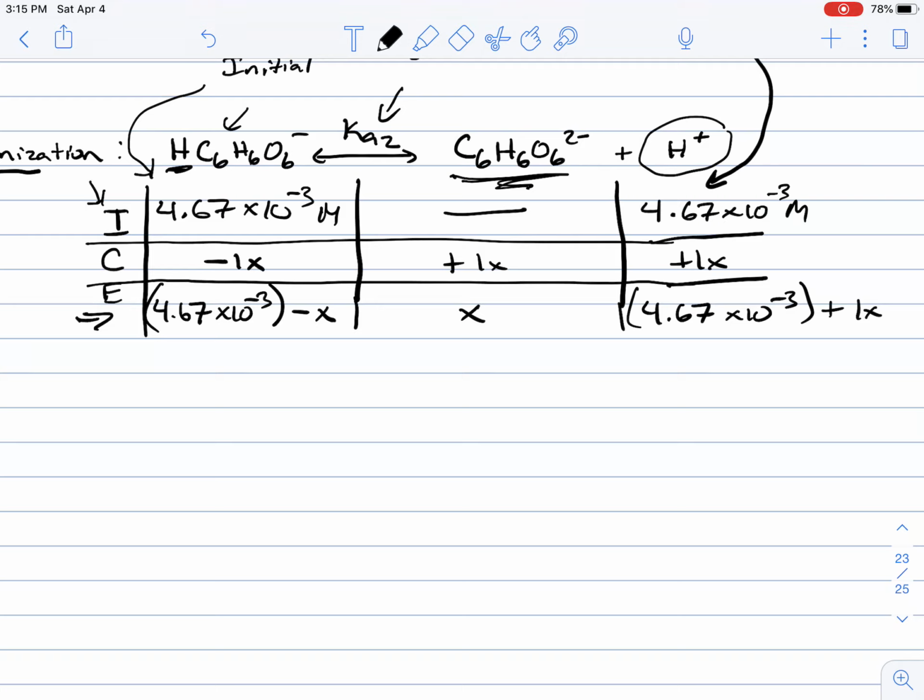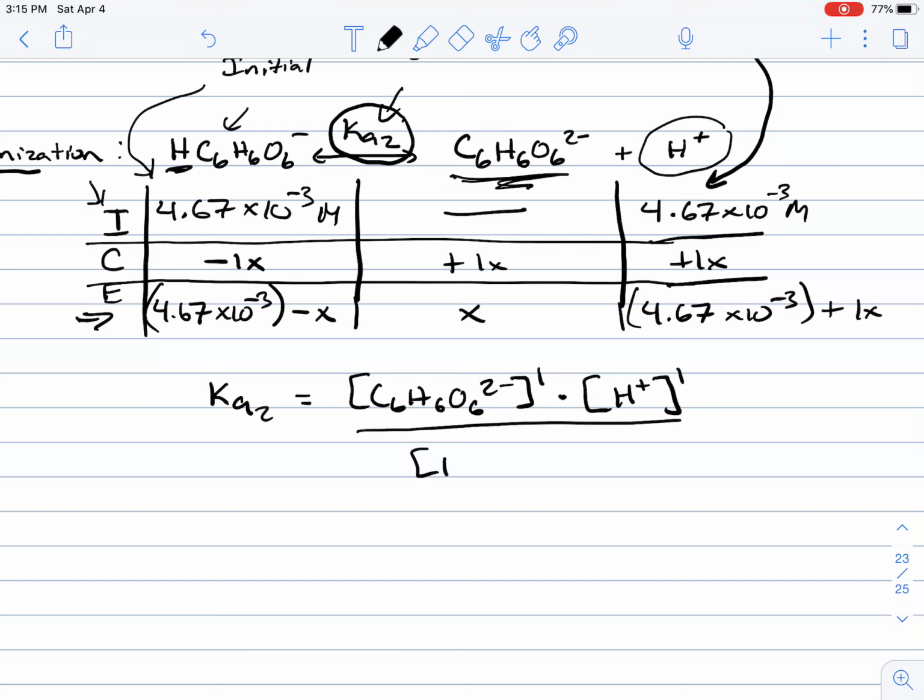And so we're now going to go ahead and write the mass action expression, and we are going to relate that mass action expression to Ka2. So Ka2 is going to equal the concentration of C6H6O6 negative 2, raised to the first, times the concentration of H plus, raised to the first, over the concentration of HC6H6O6 with a negative charge, raised to the first.